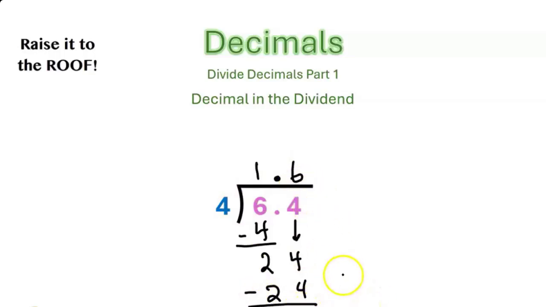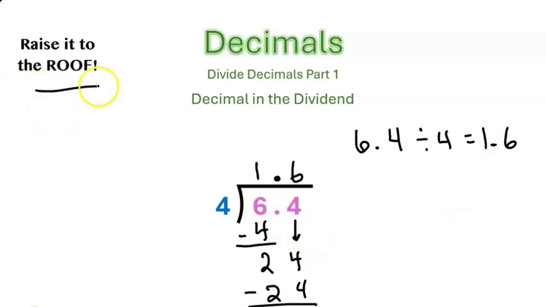So the answer is 1.6, or 1 and 6/10. In sentence form, it would be 6.4 divided by 4 equals 1.6. So dividing decimals that are in the dividend, all you have to do is remember to raise the roof.